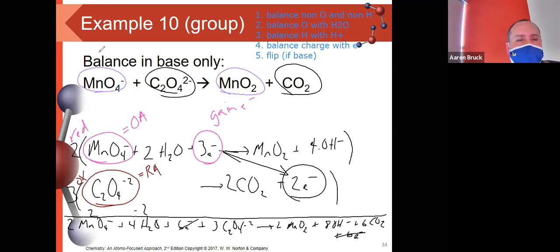In this case, there aren't any of those because the oxalate half reaction did not have waters or hydroxides. So all that we would have is what's left here. 2 permanganate plus 4 water plus 3 oxalate make 2 manganese 4 oxides, 8 hydroxides, and 6 carbon dioxides.